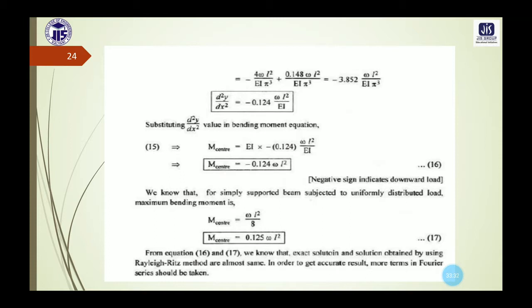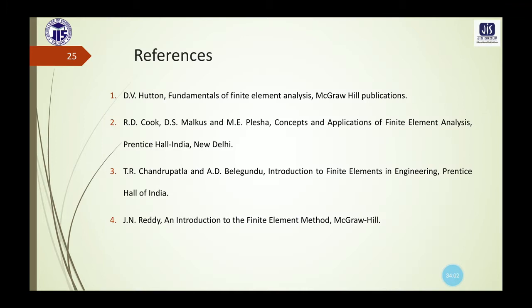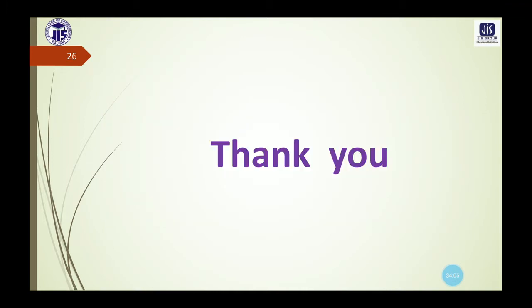So from equations number 16 and 17, we see that the exact solution, equation number 17, and the solution obtained by the Rayleigh Ritz method, equation number 16, are almost the same. There is a difference of only 0.001, which is very much negligible. If we want the exact value, then we need to take more terms in the Fourier series.